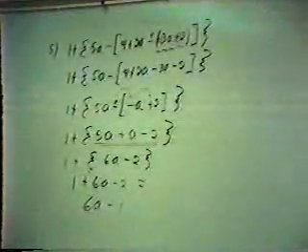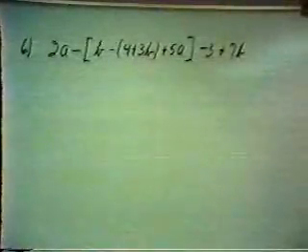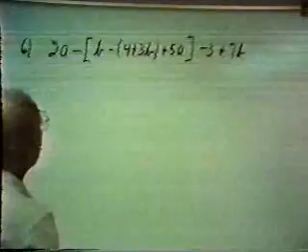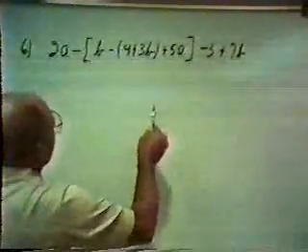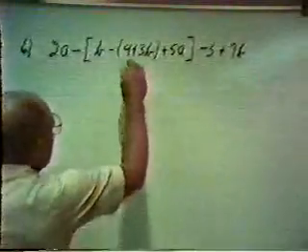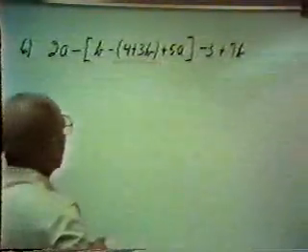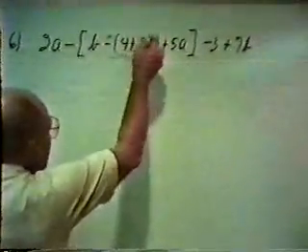Okay, let's look at example number 6. Okay, in example number 6, you have to decide where do you work first. In this one, I have my brackets, I have parentheses, so I'm going to start working here first. It is preceded by a minus sign, so all I have to do is change those signs.